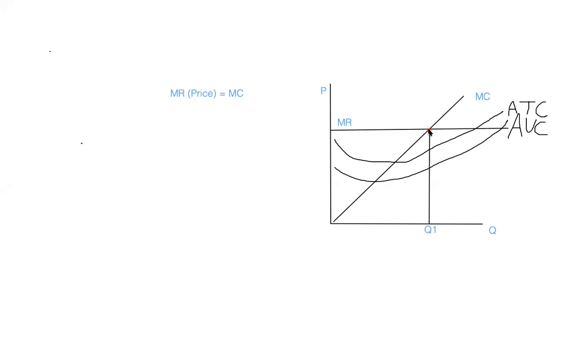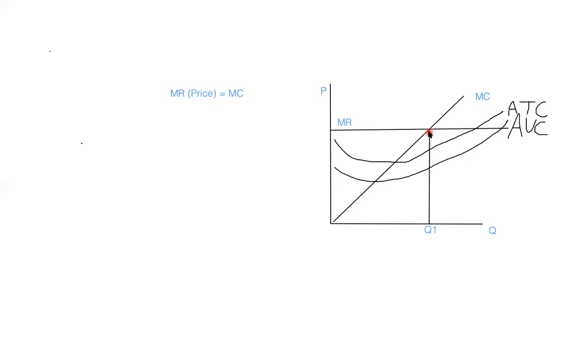Okay, so now that we're taking a look at these points, you'll notice that the average total cost curve and the average variable cost curve are below the intersection point of marginal revenue and marginal cost. So what does that tell us about the firm? And more importantly, what does that tell us about the firm's profits?